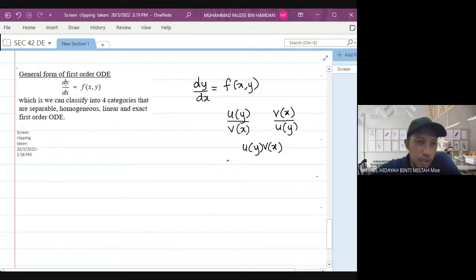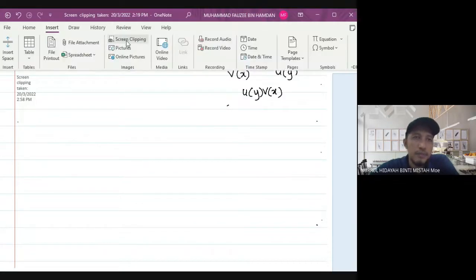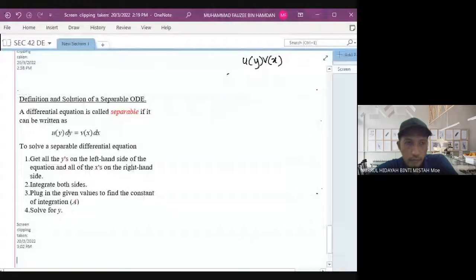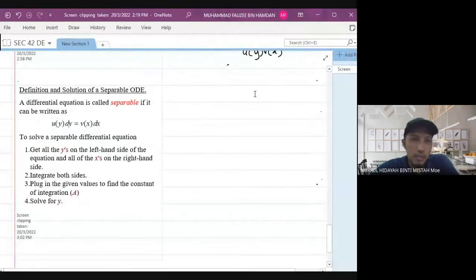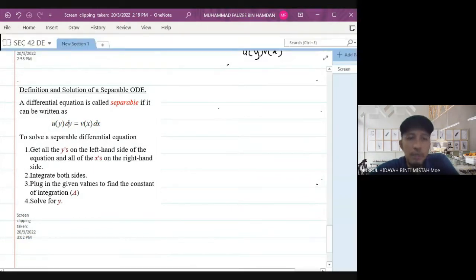Okay. So we will look at the first type of first order ODE, separable first order ODE. The definition and how to solve the separable first order ODE.